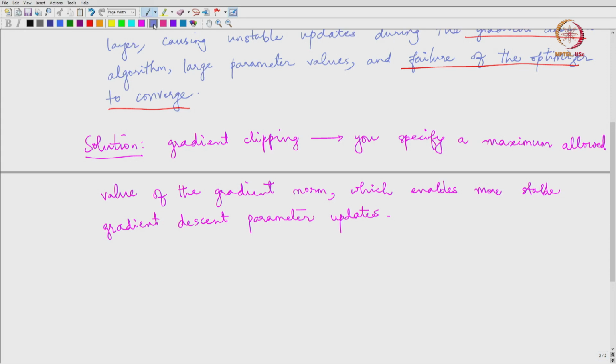The other solution is, if you are working with recurrent neural networks, RNNs, you can explore other architectures.